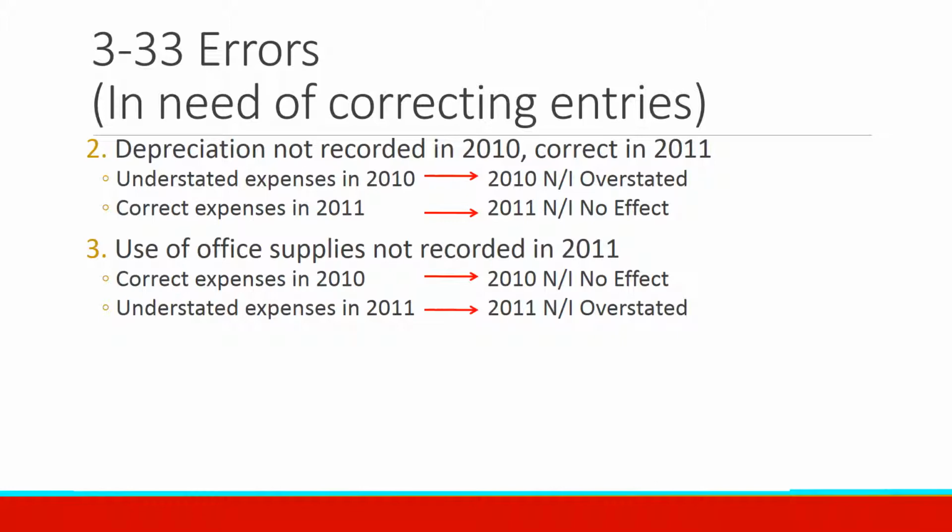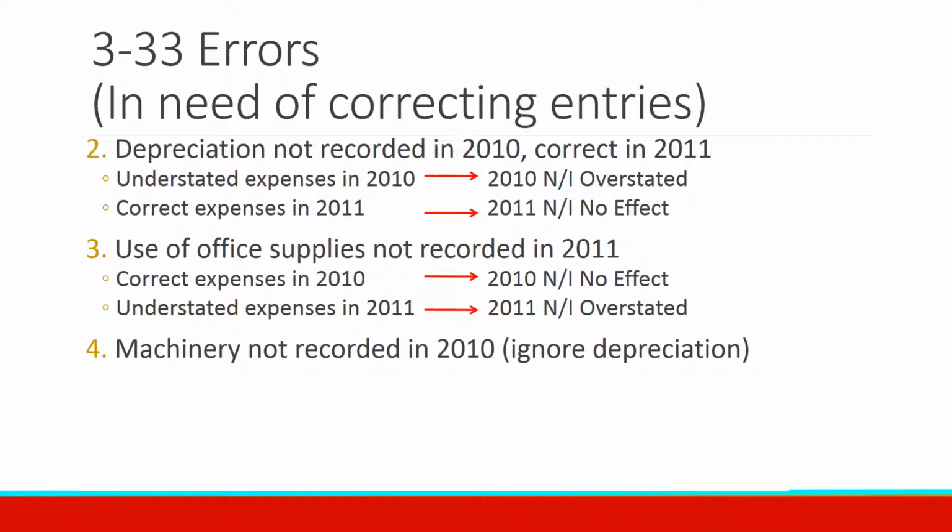And as we learned in the previous problem, when net income is overstated, then retained earnings is overstated. So the effect is nothing in 2010 on the balance sheet or the income statement, and in 2011 retained earnings will be overstated, net income will be overstated, and the supplies inventory on the asset side of the balance sheet will be overstated.